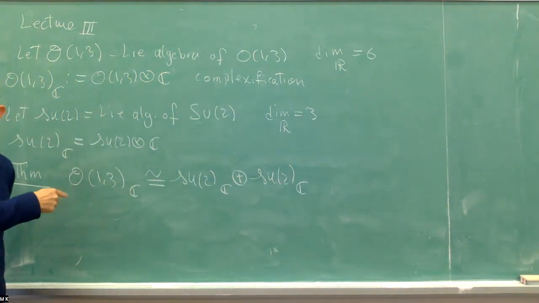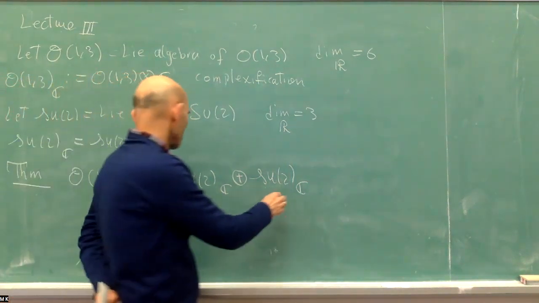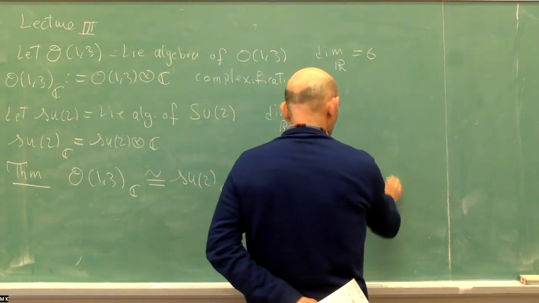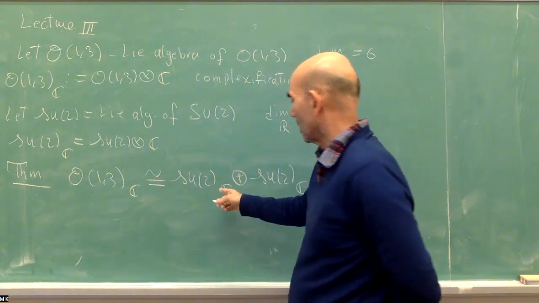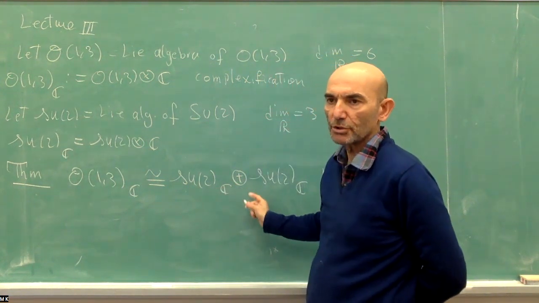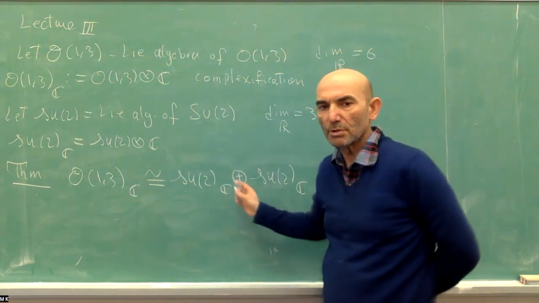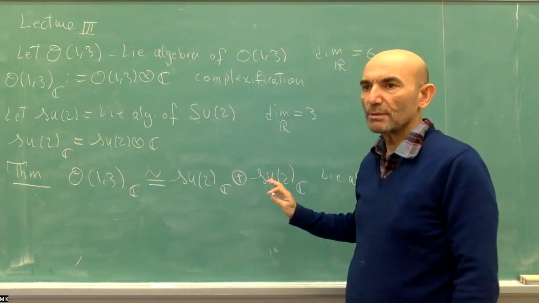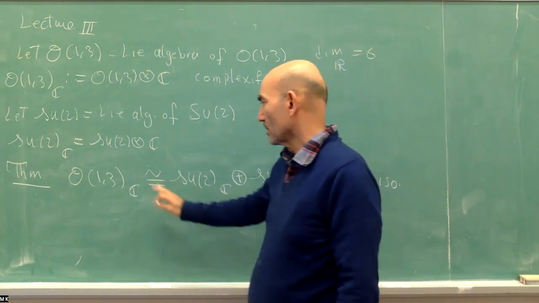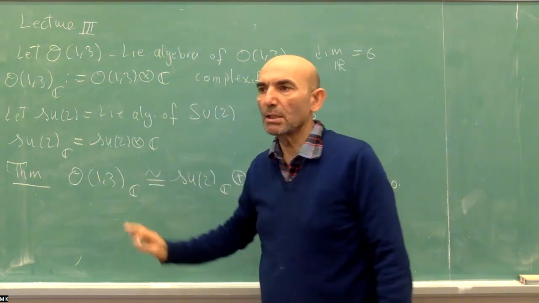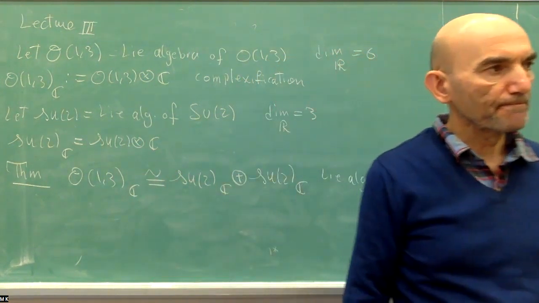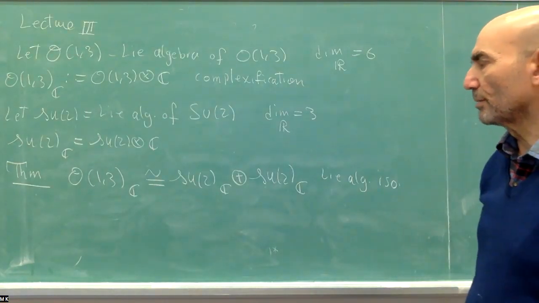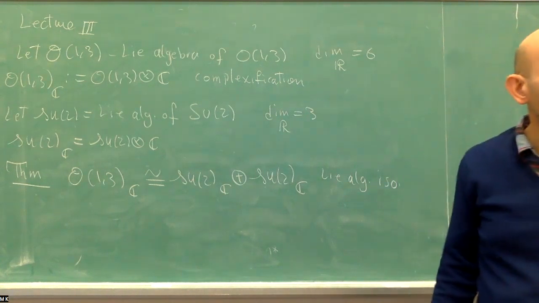This is a Lie algebra isomorphism. I will recall the definition of direct sums of Lie algebras, in case it's a question. This is the key construction we need in all the representation theory that we're going to do.